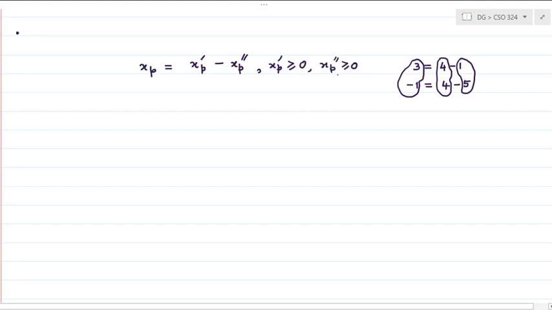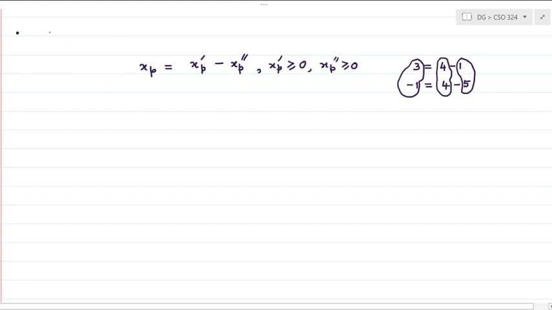Just by introducing two more variables, you can get the problem where the problem will not have the variable xp. The problem will have xp' and xp'', and with the variables xp' and xp'', obviously your problem satisfies the non-negativity restriction of all the variables, right? I'll give one example so that this idea will be much more neat to you.